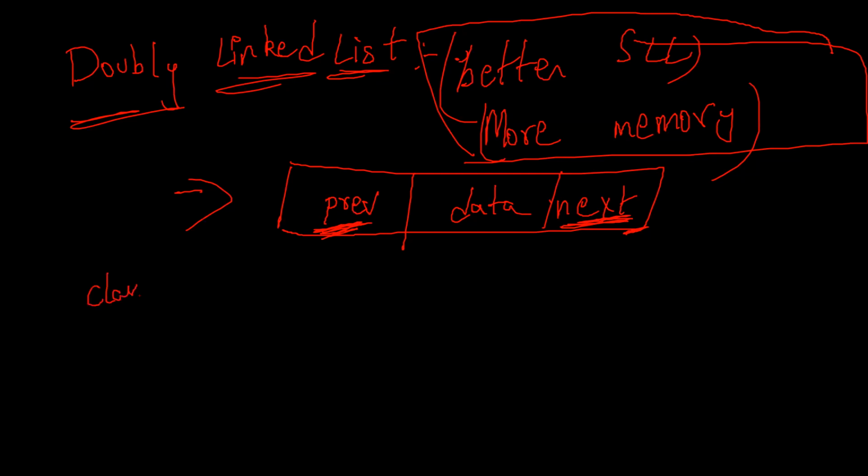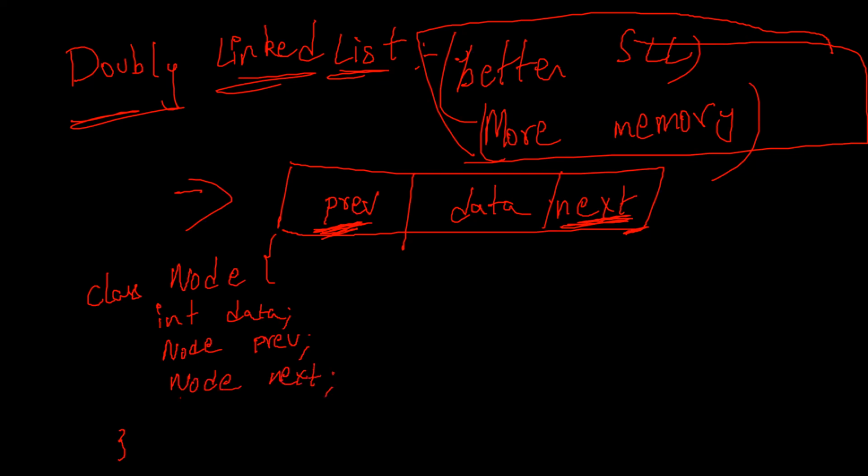Class, which will be node. Here inside it, we have three things: one is int data, node previous, and then node next.